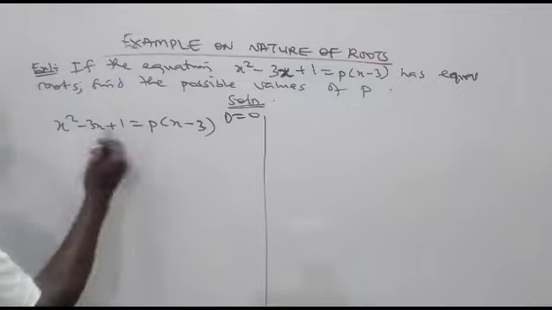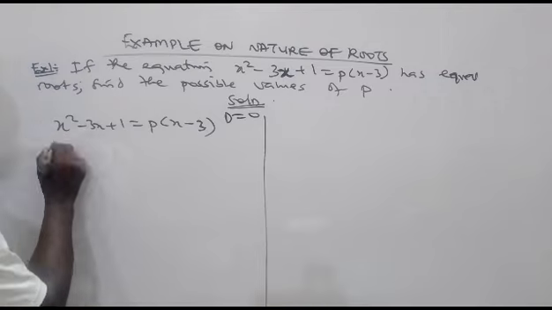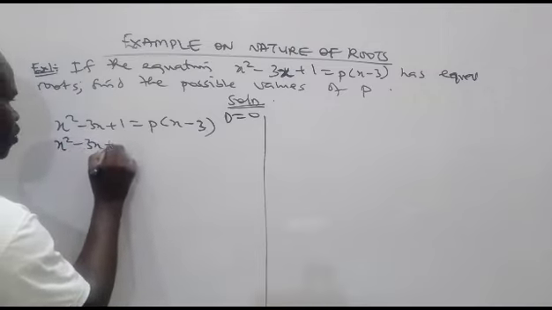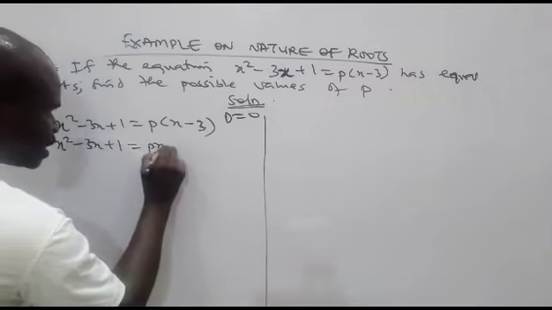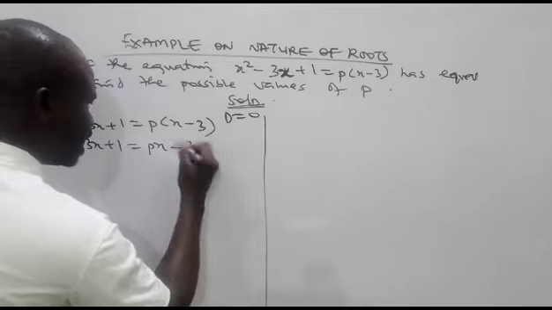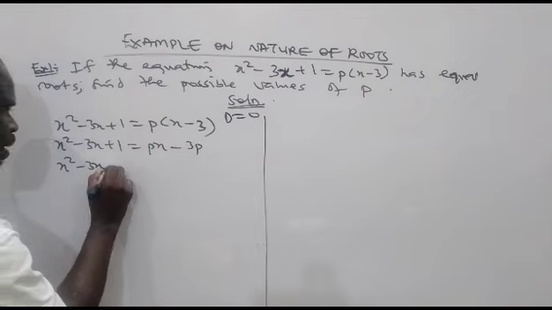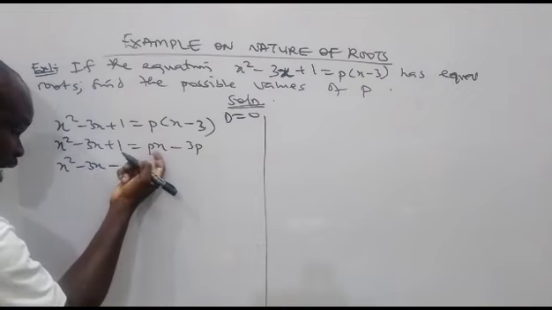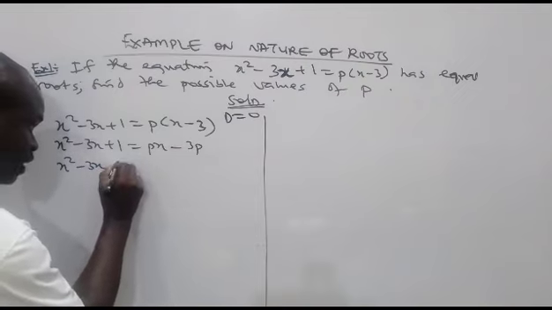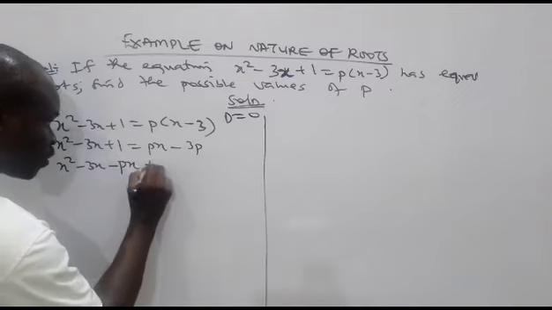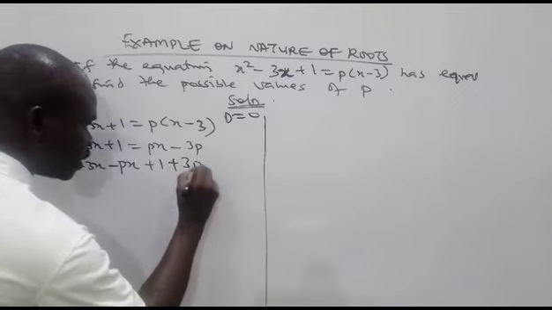So let's try and rewrite everything in the form of a quadratic equation. So we have x squared minus 3x plus 1 is equal to px minus 3p. Let's bring everything to the left hand side. We have x squared minus 3x minus px plus 1 plus 3p is equal to 0.